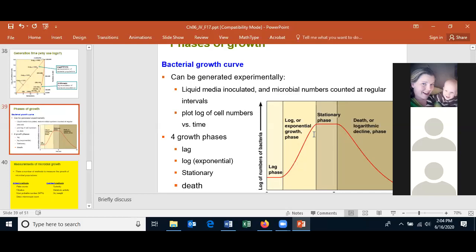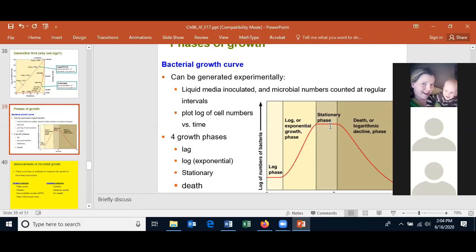Then they start slowing right in this part of the phase, because there are fewer nutrients around, less space, and more waste products. Initially, there were no waste products around. Later on, there were a few. Now there are lots of waste products. And so the unlucky cells are not growing, and the population growth rate starts to decrease.